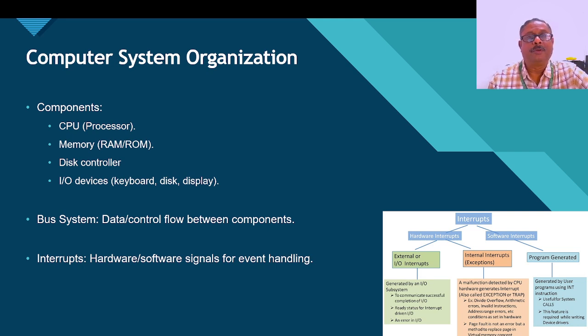So to inform the CPU, we have something called interrupts. They are of two types, software and hardware interrupts, and these are the signals for event handling. So that's all about the system organization as of now, and there are many more issues to be discussed.